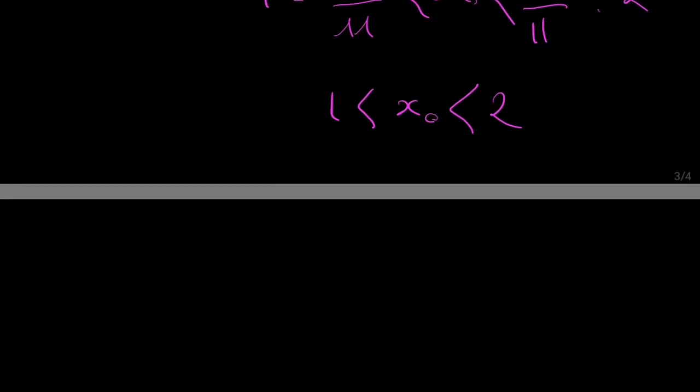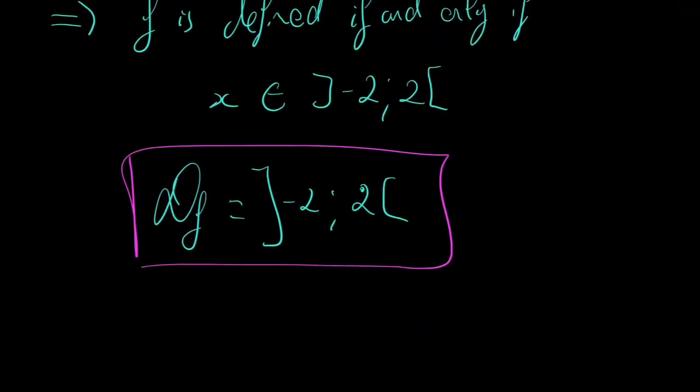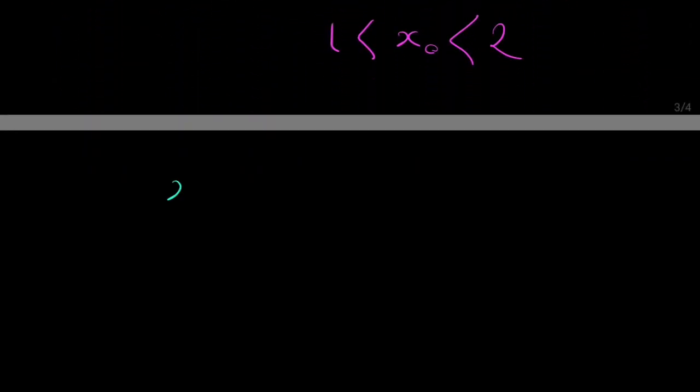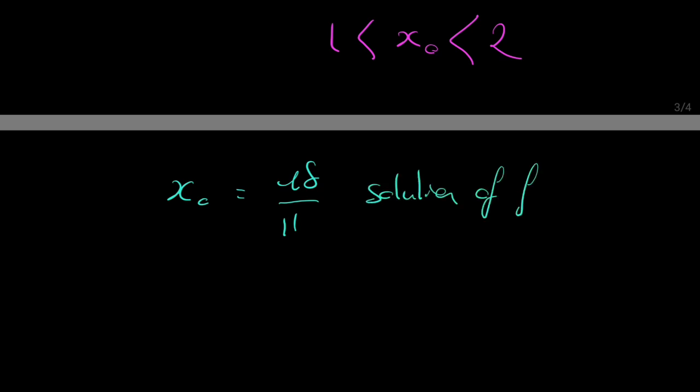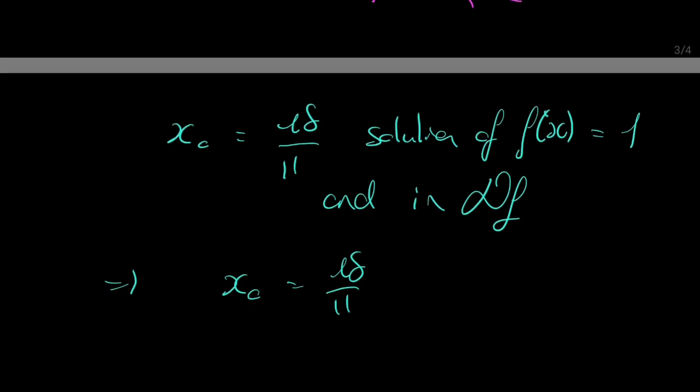This is a good thing because being between 1 and 2 allows us to be in the domain of definition of f. And so we do have x0 equal to 18 over 11, solution of f of x equal to 1 and in Df. And this implies that x0 equal to 18 over 11 is the solution.